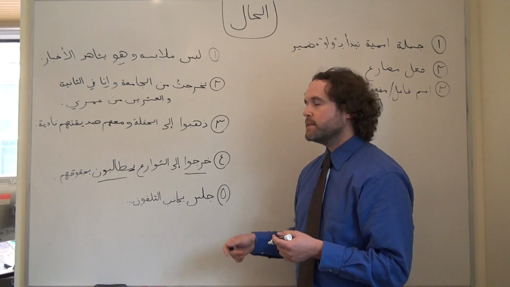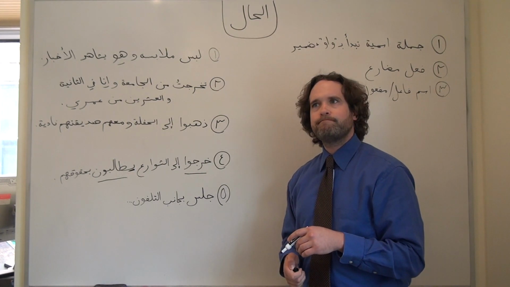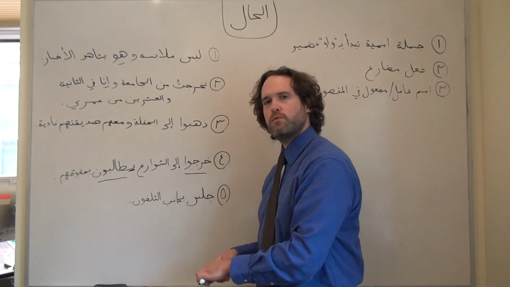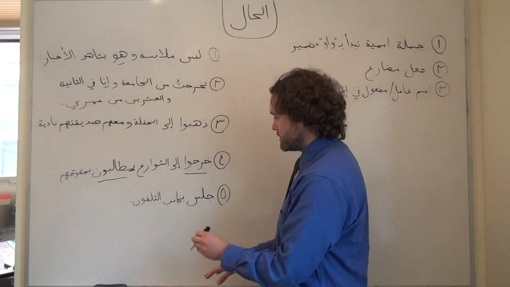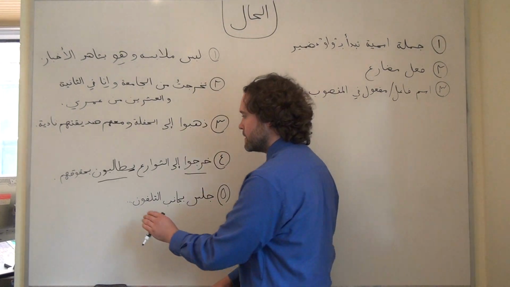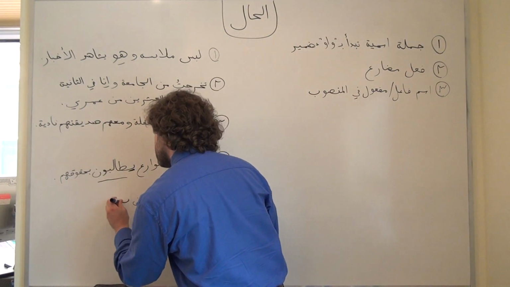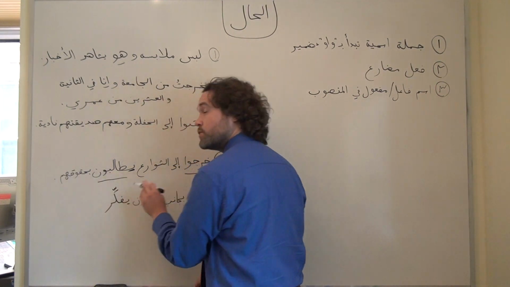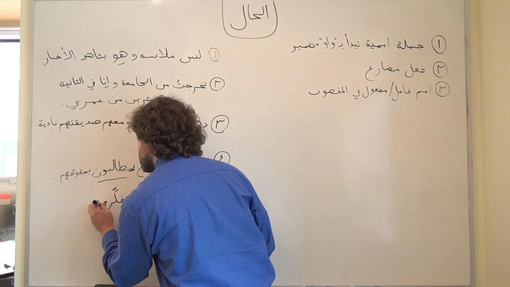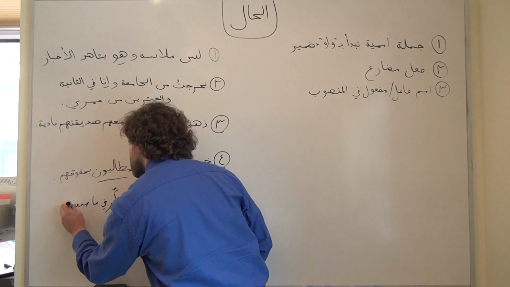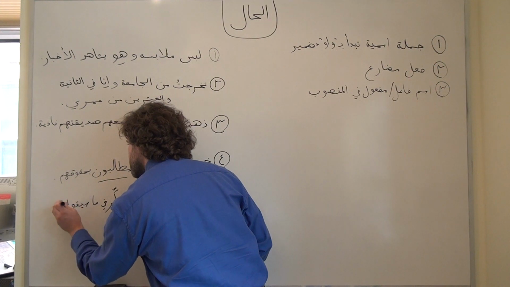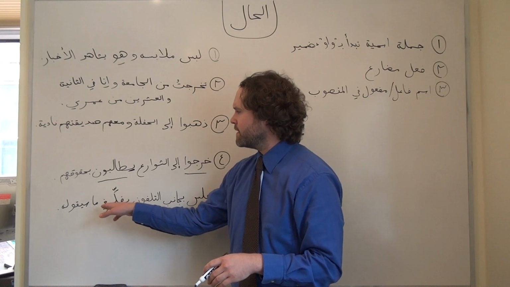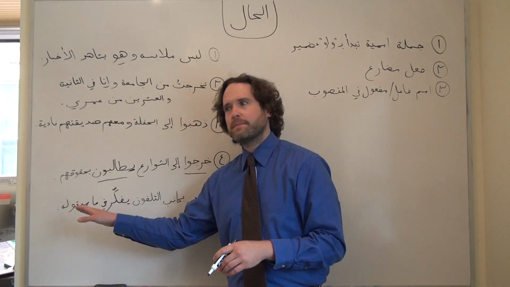Or we could say, he sat by the telephone thinking about what to say. جلس بجانب التليفون, and then we just use a present tense verb. And since جلس is conjugated for هو in the past tense, يفكر, that verb is going to be conjugated for هو too. يفكر في ما سيقول, thinking about what to say, or literally sort of thinking about what he will say.